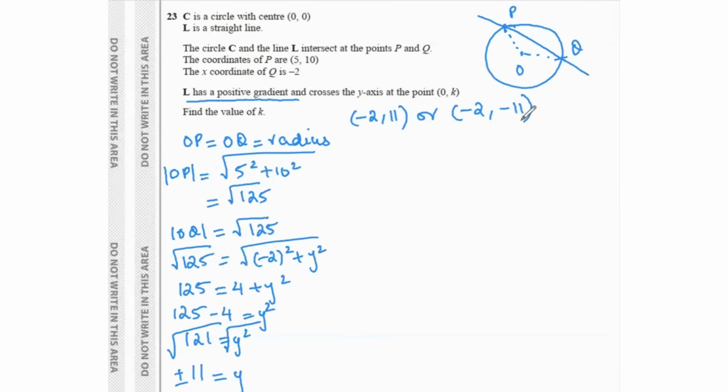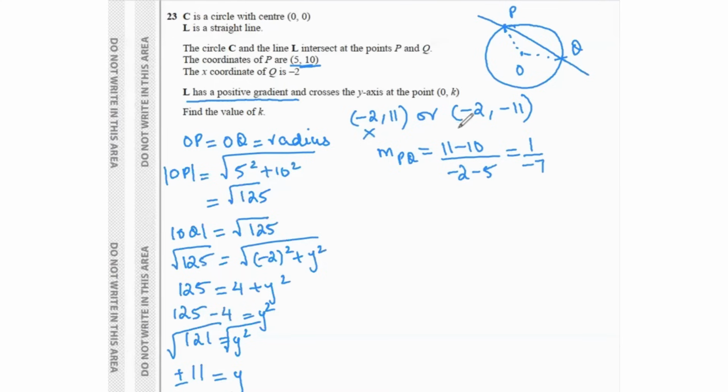So if we find the equation of line PQ, that's basically the same as the equation of line L. So the gradient of PQ using the first set of points is 11 minus 10 over -2 minus 5. That's 1 over -7. So this shows that the gradient is negative, so we don't take this.